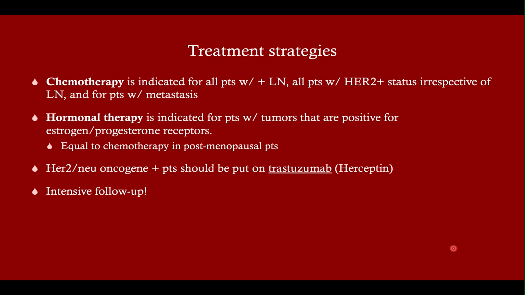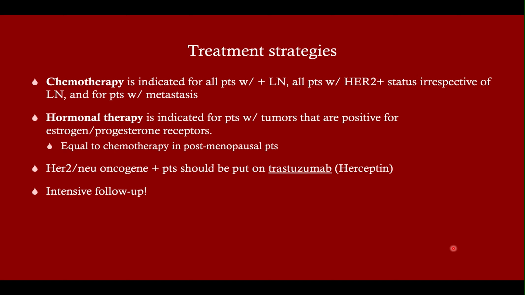The HER2 neu oncogene is revolutionary. Since we discovered it in the early 2000s and developed treatment, Herceptin or trastuzumab came out on the market in 2006, and it's really revolutionized treatment for patients with HER2 positive cancers.